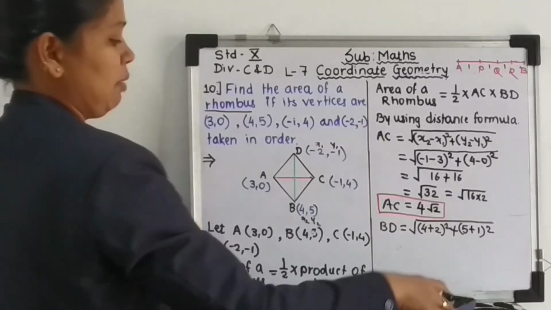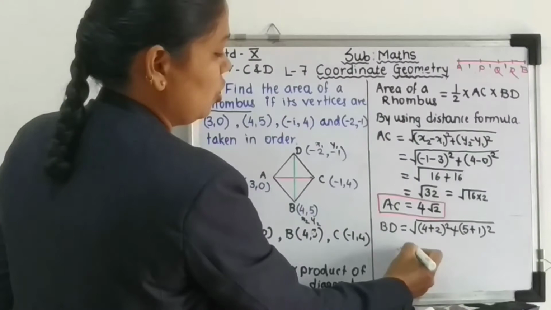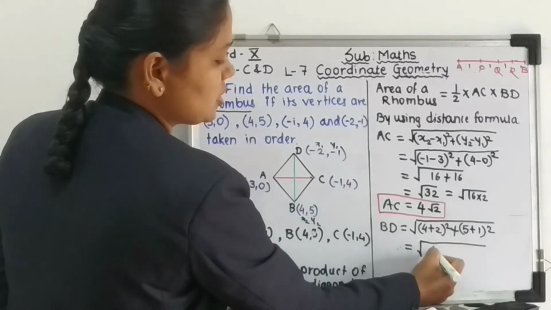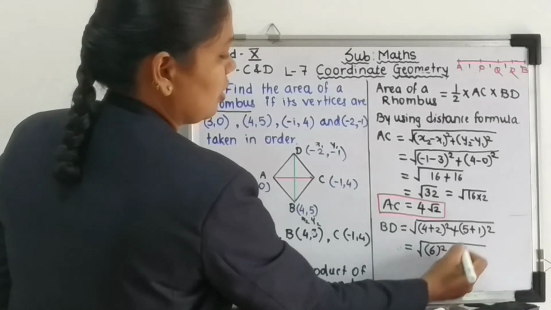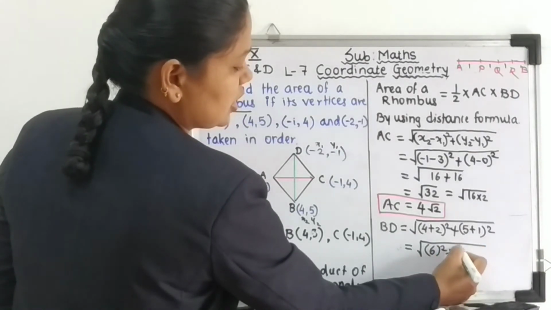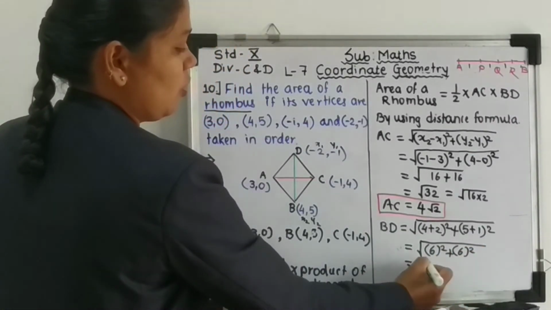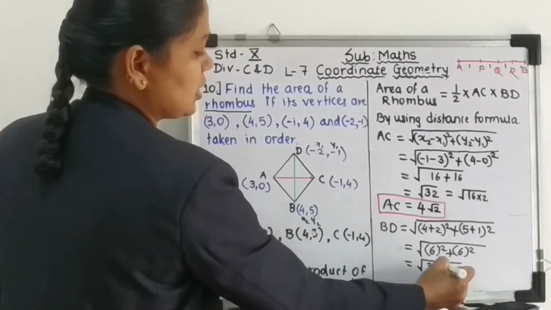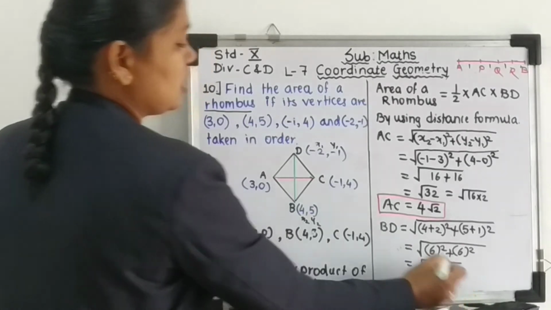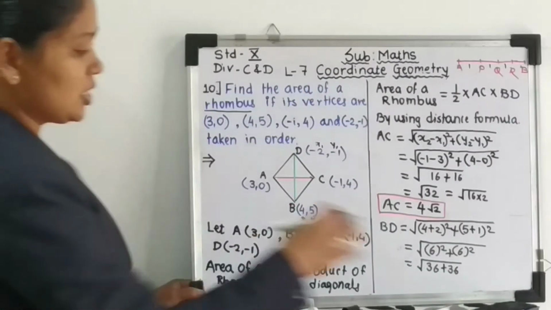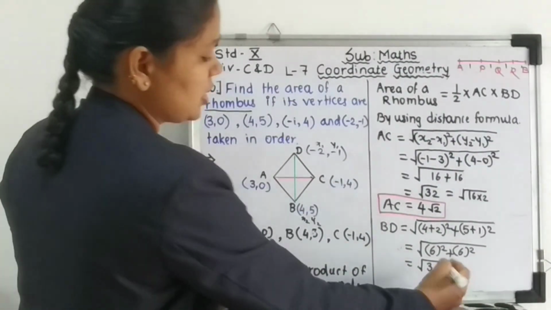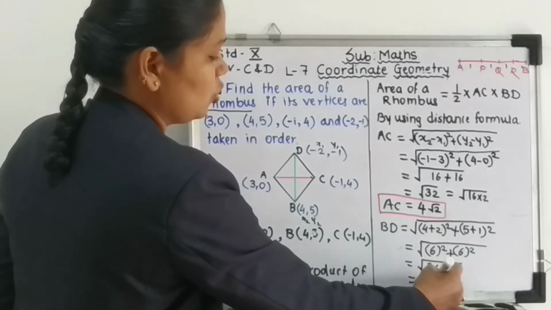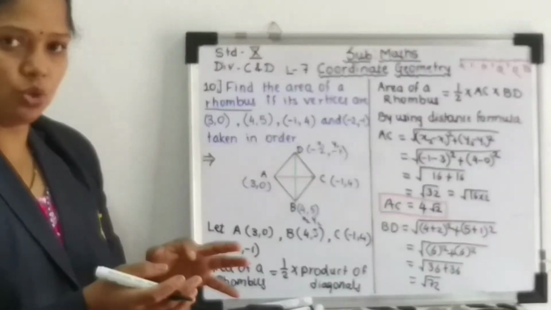Keep your eyes open while doing maths. So 4 plus 2 is 6, 6 square. 5 plus 1 is 6, 6 square. What is 6 square? 36 plus 36, it means what? 72. Or you can write 36 into 2 also.